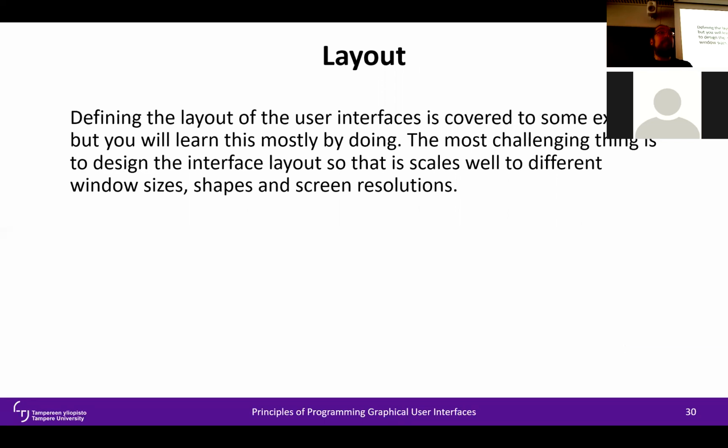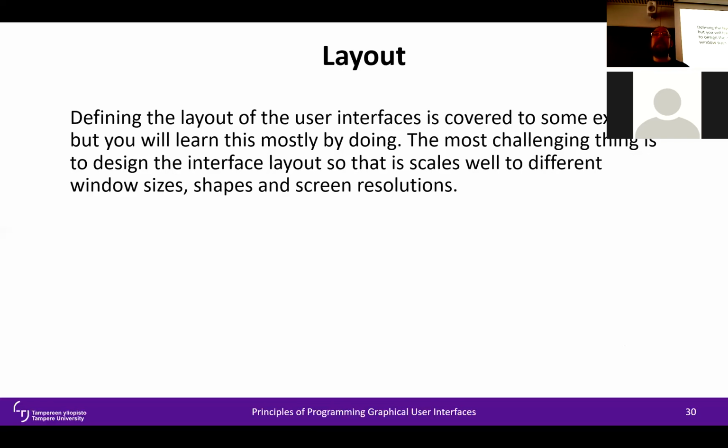Layout is, of course, another part of the user interface. You have the components, but you decide how they are organized into the interface next to each other and group them together and so on. And the most challenging thing about layout on a practical programming level is perhaps how to make the thing scale.